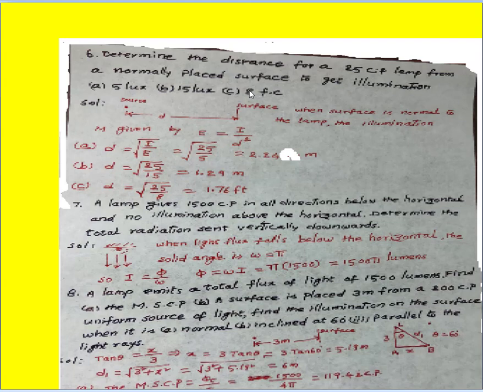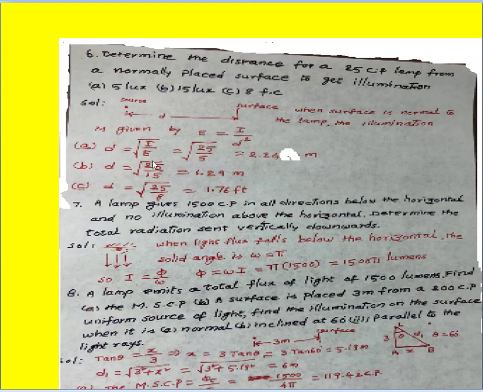So next, C bit, 8 foot candela. This is the illumination given. So we have to get at what distance we have to keep this surface from the source.